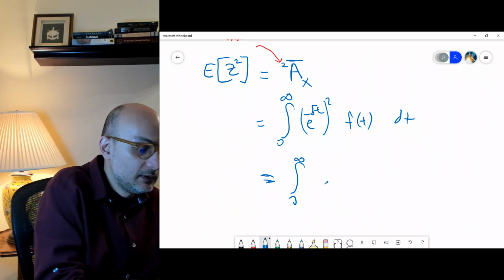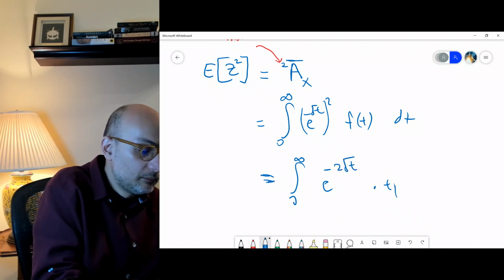Now this becomes e to the minus 2 lambda t, t p x mu x plus t dt.